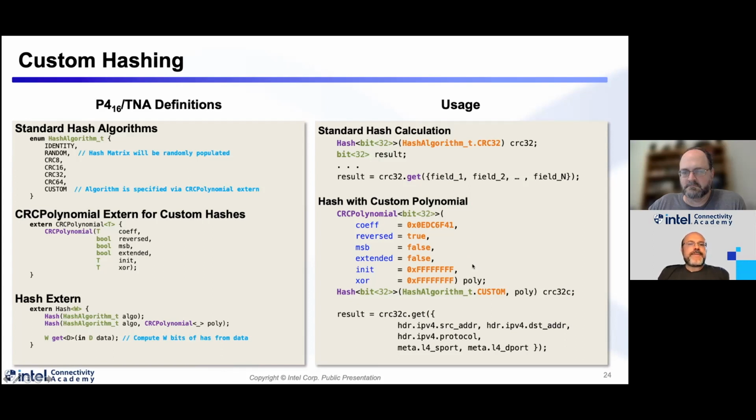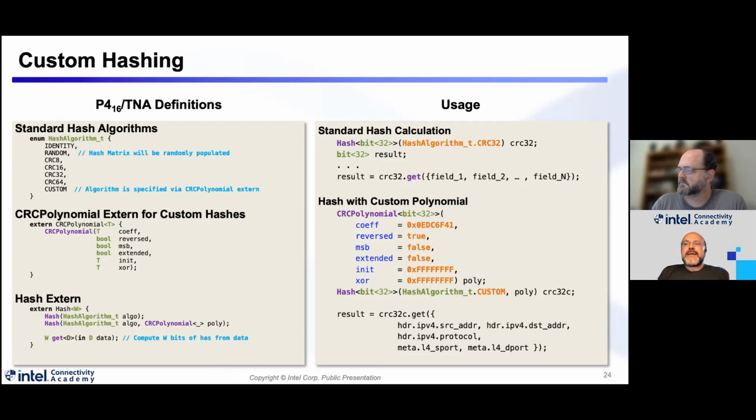So there are two things that TNA allows us to do. First of all, we can control this poly object and specify the coefficient, the polynomial, and the other parameters at runtime. So we can transform it from CRC32 to CRC32 Castagnoli as here, or to any other CRC32 that people would like. That's number one.